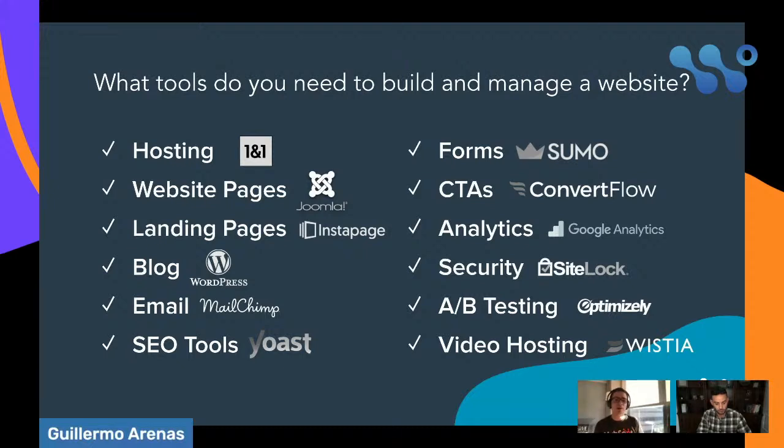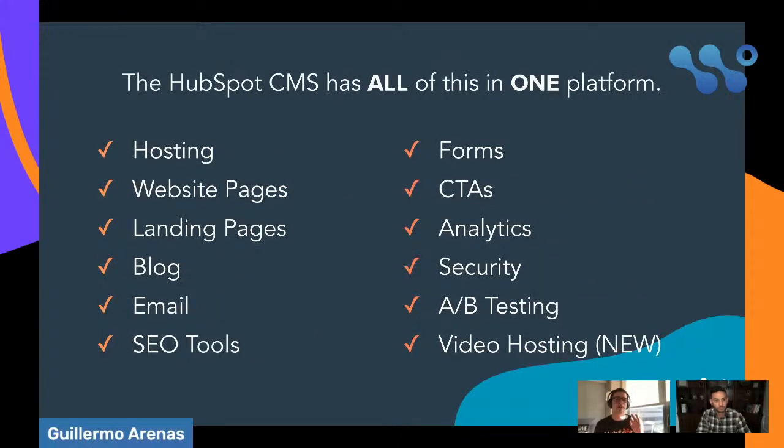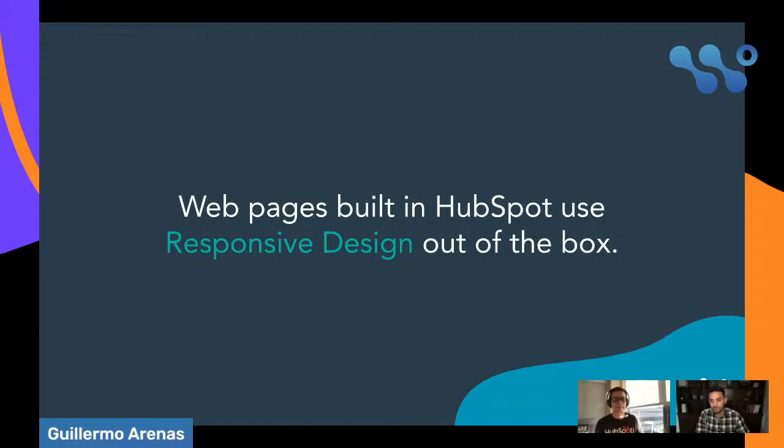And that's one of the biggest features that we have in HubSpot, because the HubSpot CMS has all of these features in one platform. So that's one of the biggest reasons why most of our customers are very happy with switching over to using HubSpot's CMS.